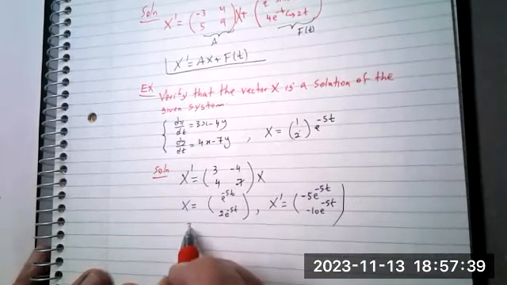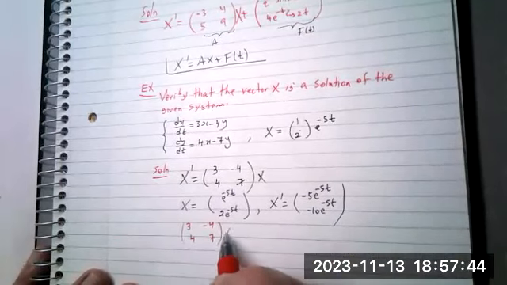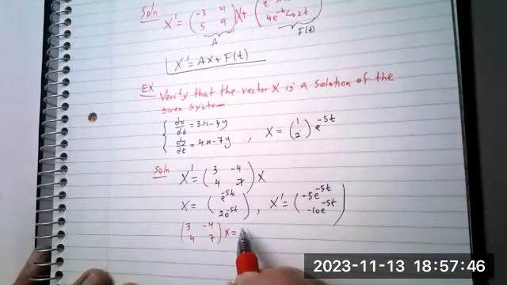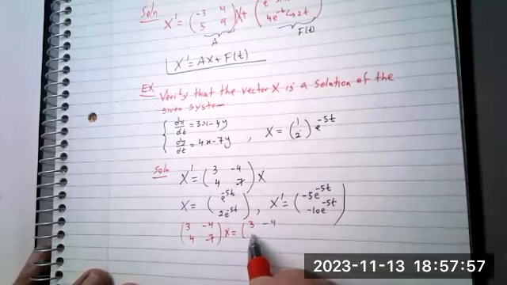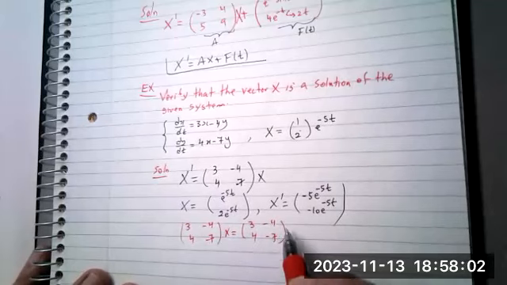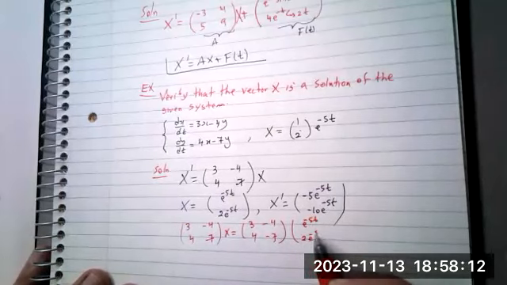You have the matrix 3, -4, 4, -7, yes, negative 7, times x. x is the given vector, e to the negative 5t and 2e to the negative 5t.